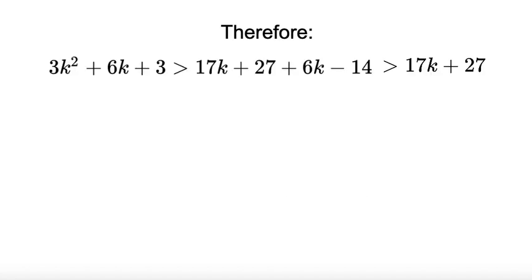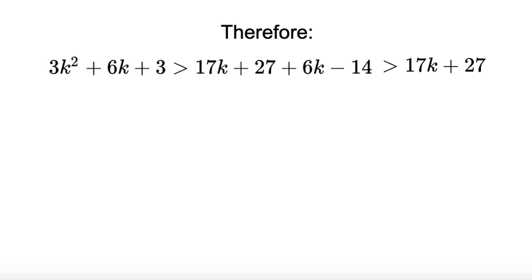Therefore, we can write the following inequalities. We have 3k squared plus 6k plus 3 is greater than 17k plus 27 plus 6k minus 14. Now those two parts on the left side, that's when we distribute, that's when we FOIL out, when we start with our assumption.